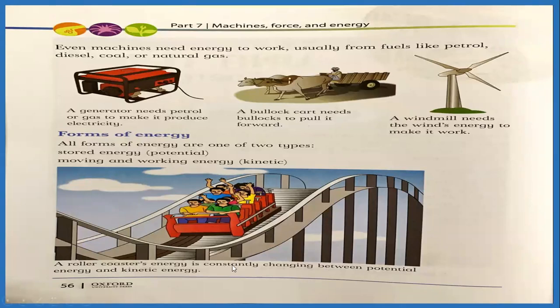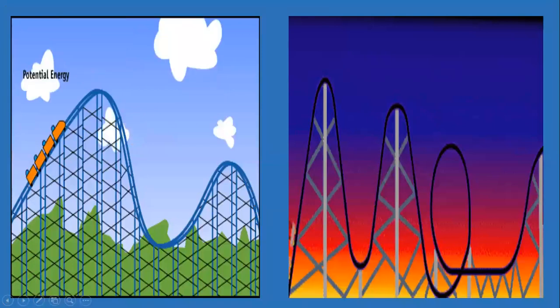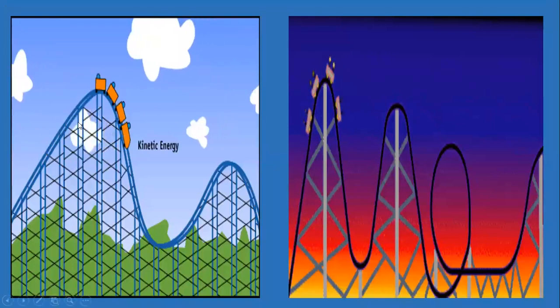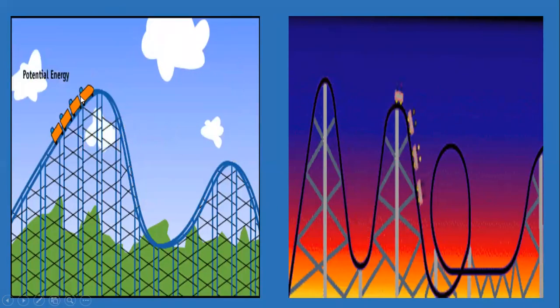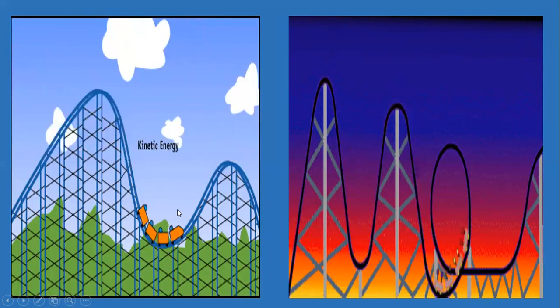You can see in this picture, a roller coaster's energy is constantly changing between potential energy and kinetic. Why? Because the roller coaster goes up and down. When it goes up, potential energy is stored, and when it goes down, it is converted into kinetic. You can see here, look, going up is potential energy, going down is kinetic energy.